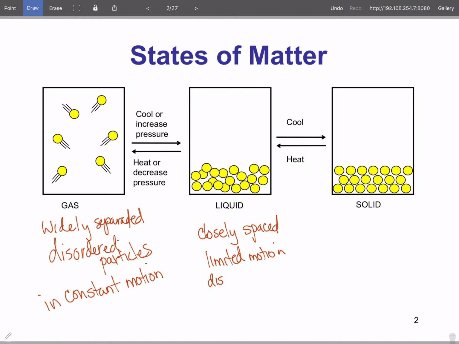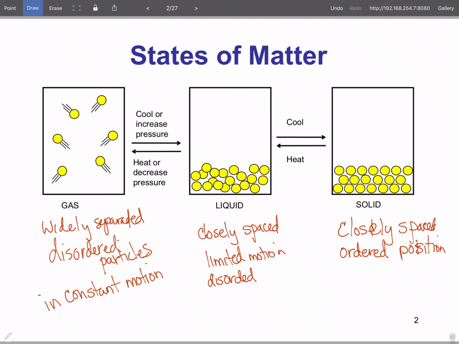They are still disordered, like gases, but instead of all over the container, they're just at the bottom of the container. And solids, on the other hand, are closely spaced, and that's similar to liquids, but instead of being disordered, they're in ordered positions.